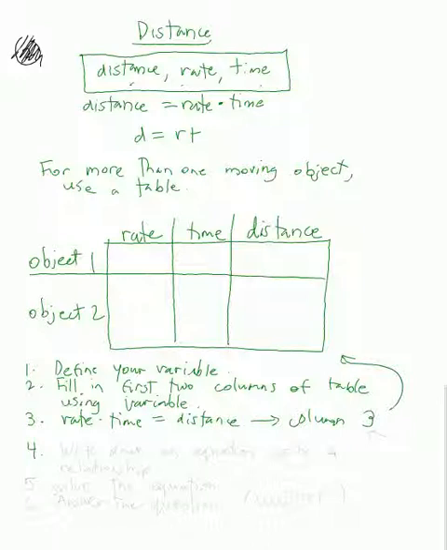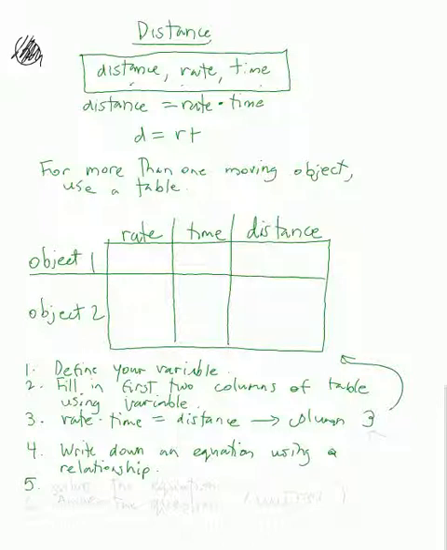Step 4, and the hardest part of all possibly, is to write down an equation using a relationship. This is going to be tricky, so this is why we're going to do a couple of examples so that you can see the different types of problems that can come up.